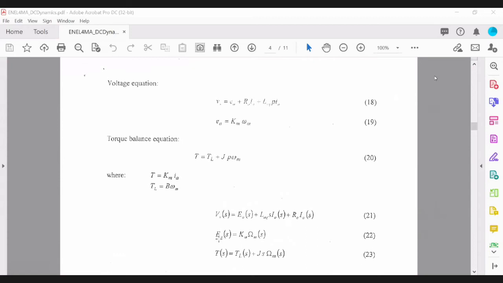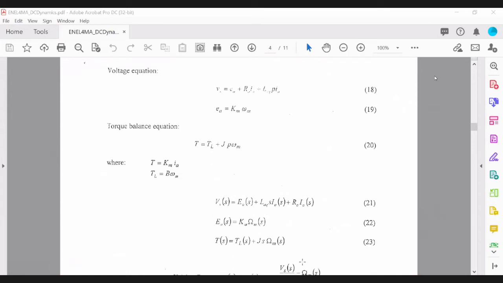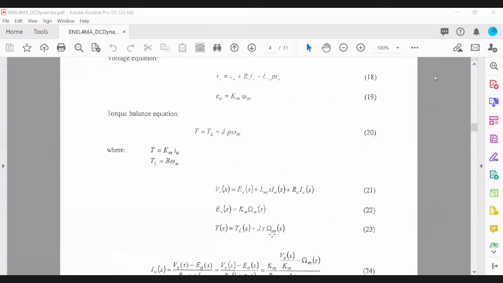And equation 19, you apply Laplace transform. So the speed of the motor is omega m, omega m(s), and that's your constant, and that's your voltage, induced voltage in the motor. So that's EA(s). And lastly, we apply the Laplace transform to equation 20, and you end up with T(s) equals TL(s) plus J times S omega m.